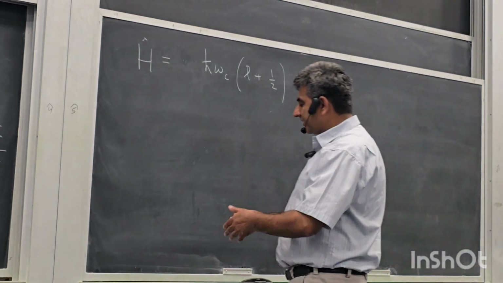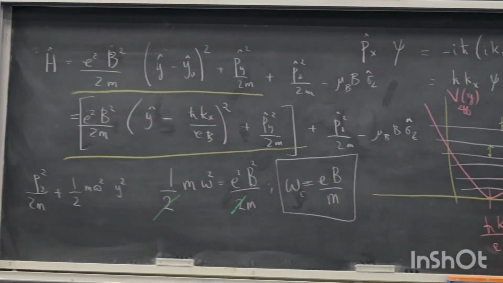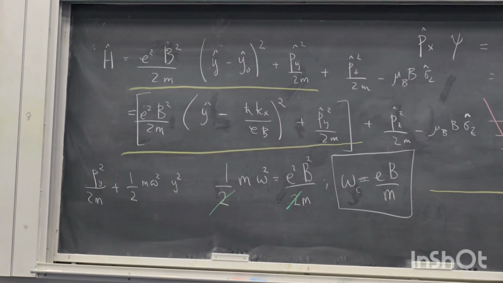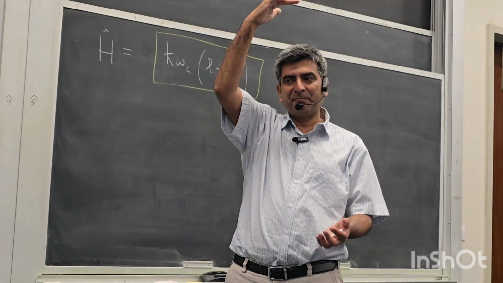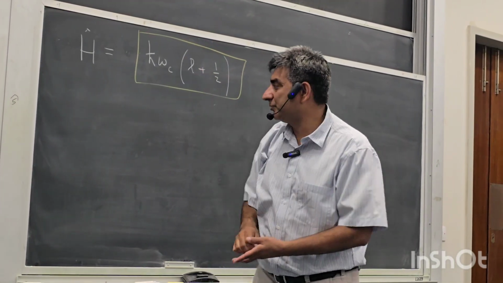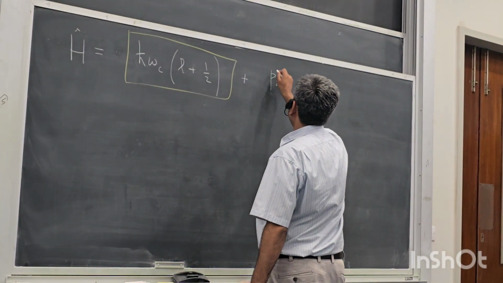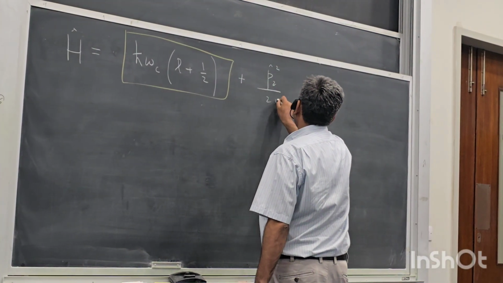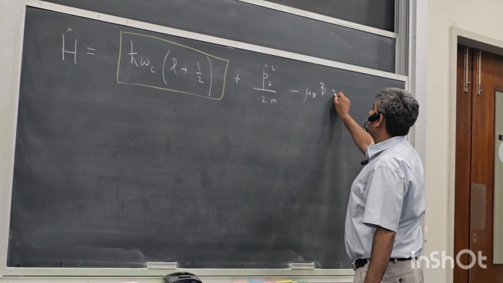So whatever I've written in the yellow box is really equal to h bar omega c, L plus half, where L is an integer that starts from 0, 1, 2, 3, all the way up to some maximum quantum number. So L is a new quantum number that has been introduced, plus of course we cannot forget the pz square term over 2m minus mu b sigma z.